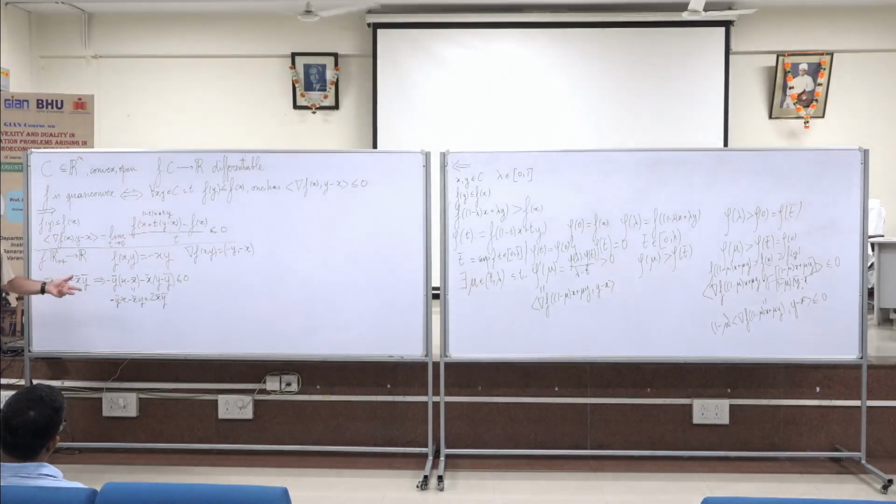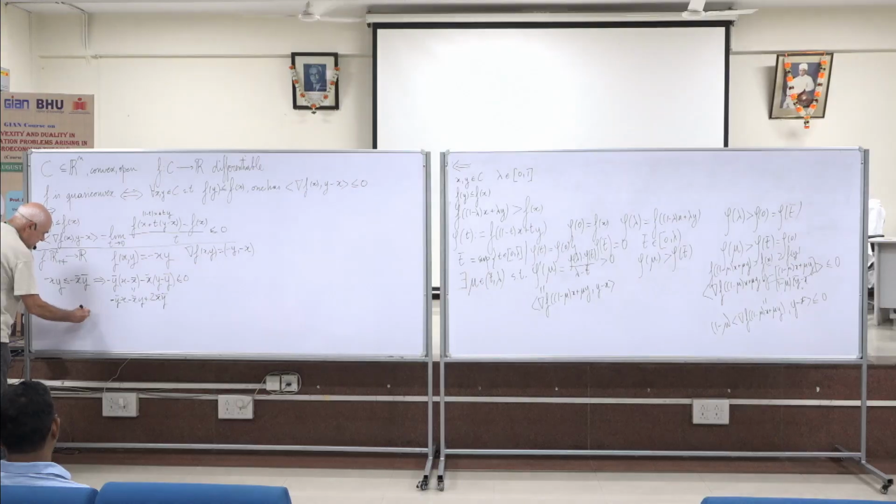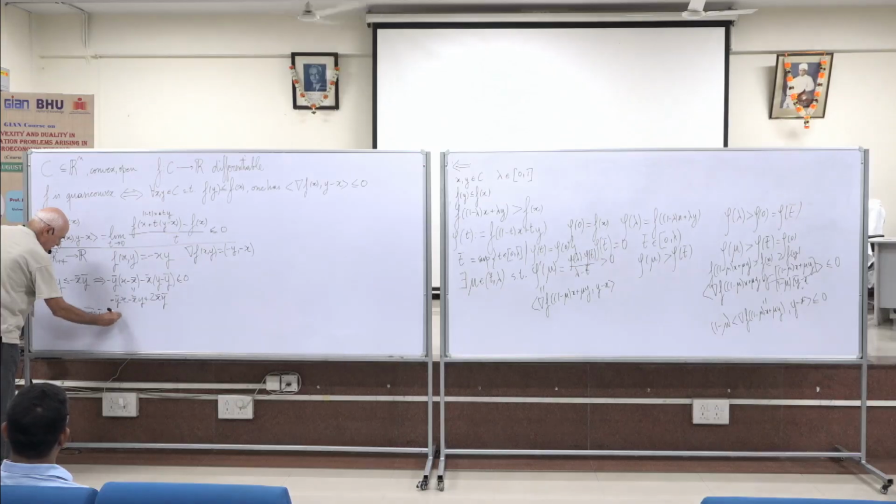We can do it very easily by using the Kuhn-Tucker theorem, or whatever you want. And then it turns out that the optimal solution is at x equal y bar and y equal x bar.